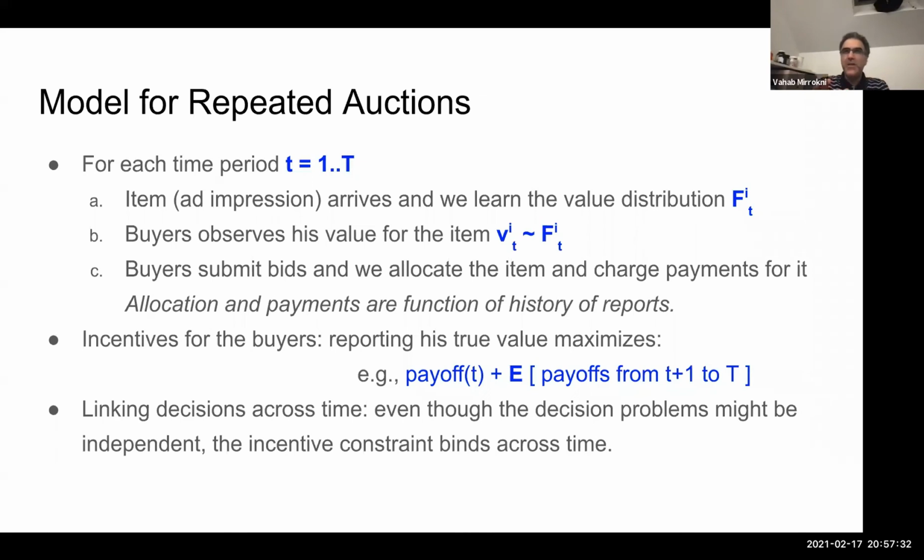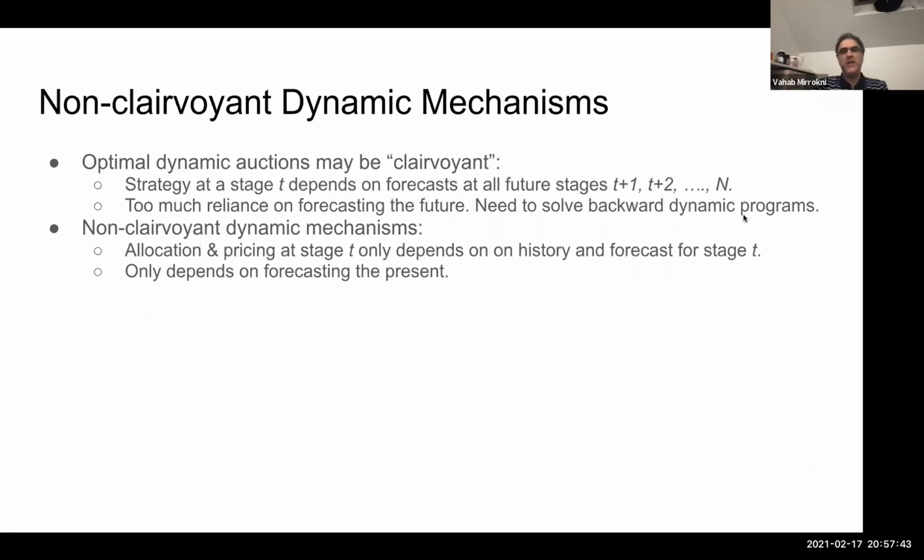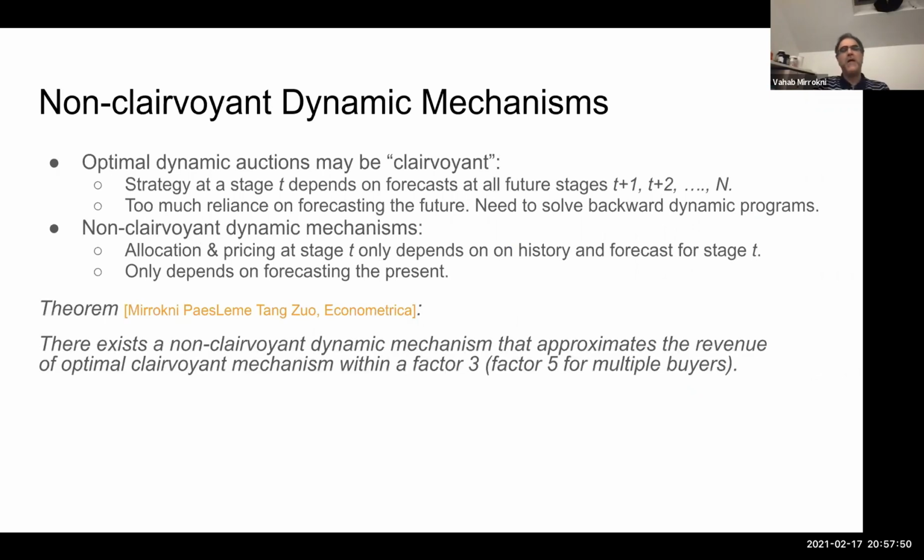But just doing that may make us rely too much on forecasting the future, or relying too much on these value distributions for the future rounds. So in this recent Econometrica paper, we introduced this notion of non-clairvoyant dynamic mechanisms. We ask, what if we design an auction that does not rely at all on the future forecast?